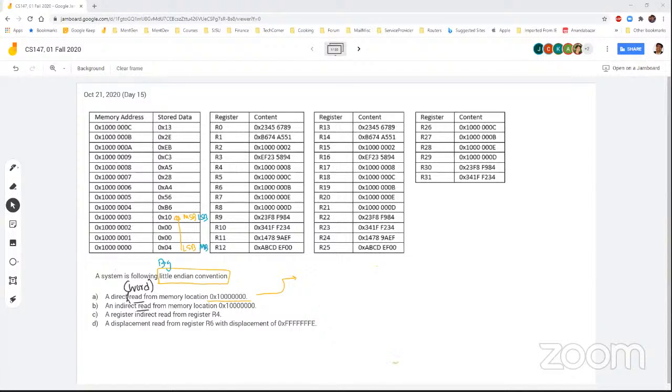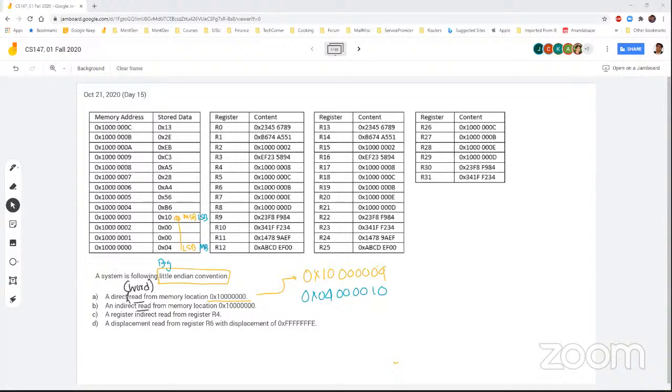Okay, so this one is 10. So I write from this direction: 10000004. Whereas for a big Endian, I should write the word value in this direction, because the lower address is the MSB. So it is 04000010. That's what the value would be accessed.